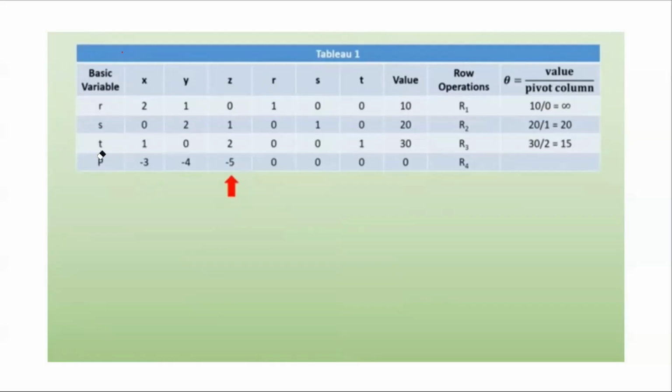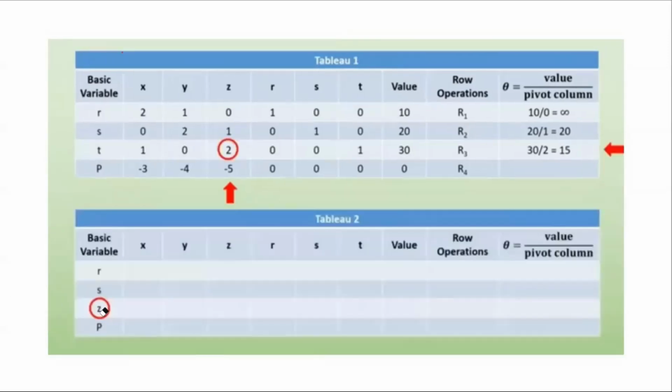What will happen is that when you do that, on your next table, you're going to knock out T. You're going to replace it with Z. This variable is going to be exiting from the whole calculation, and Z is going to take its place, and that's what we see here. So we identify our pivot column and row, and the number here too.